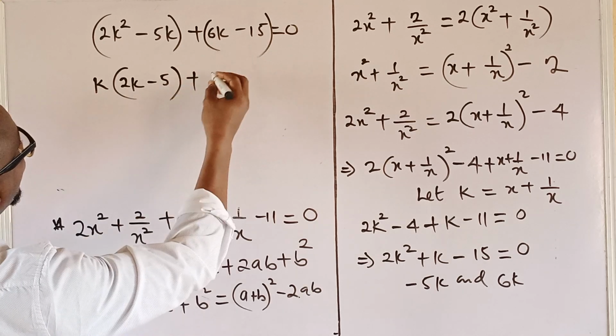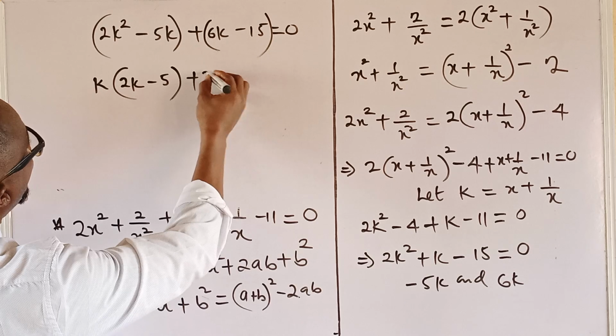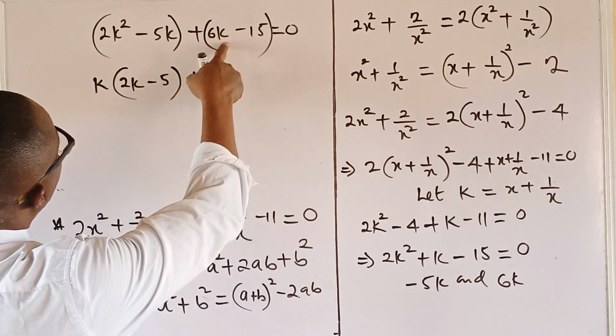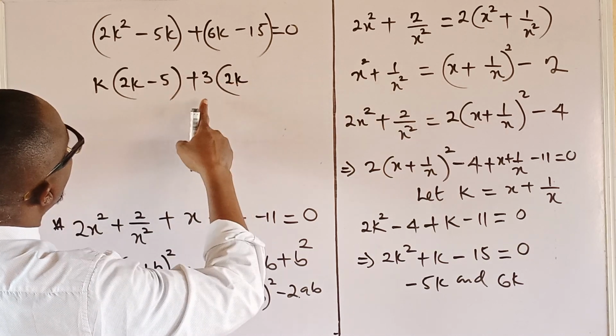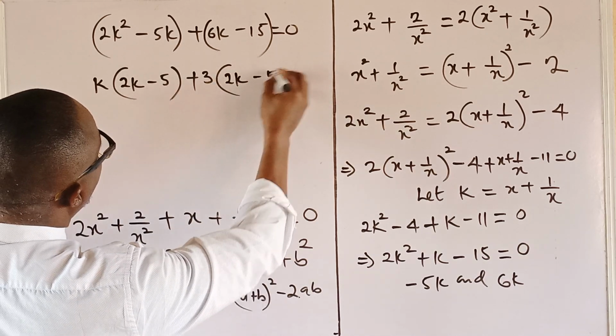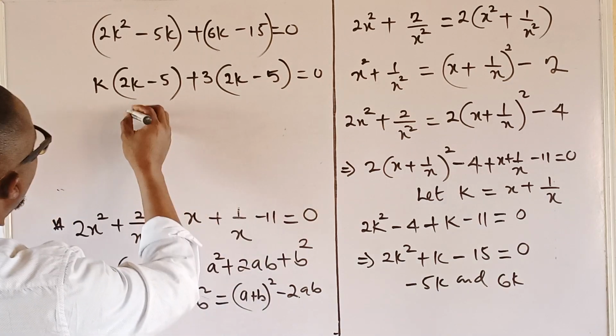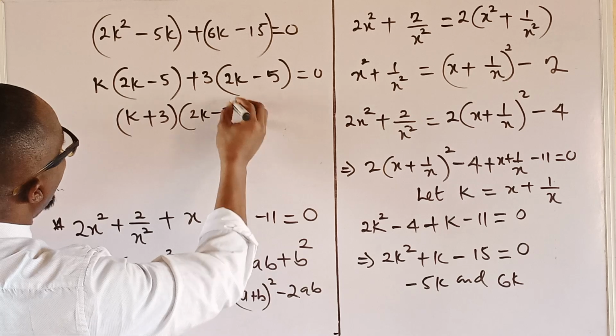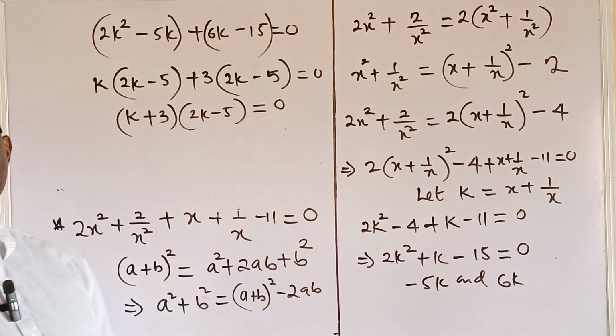So here we have 6k and negative 15. Factor out 3, which is the highest common factor. 6k divided by 3 is 2k. Negative 15 divided by 3 is negative 5. Everything equal to 0. So we have k plus 3 times 2k minus 5 equal to 0.